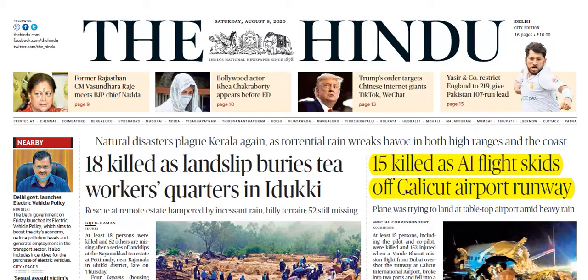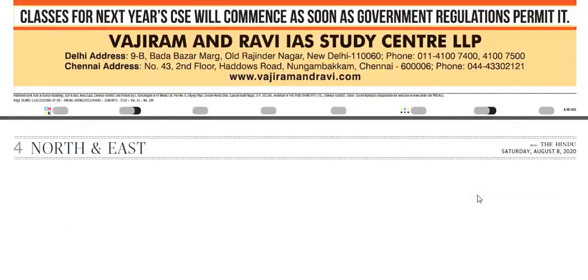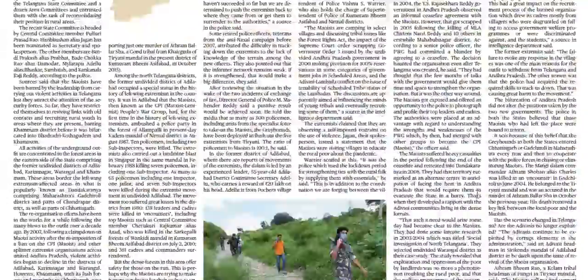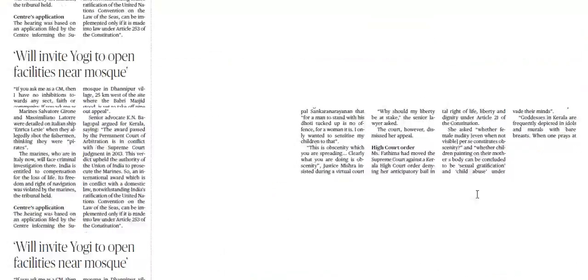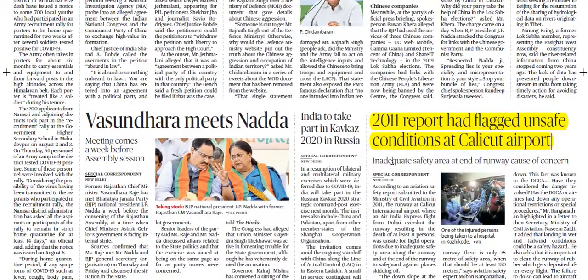So this Calicut airport runway incident, and apart from that, there is one more article on one of the pages: from the Directorate General of Civil Aviation, a 2011 report.